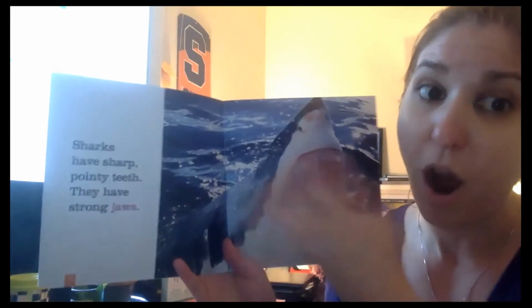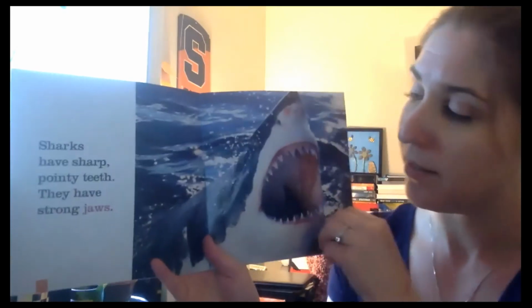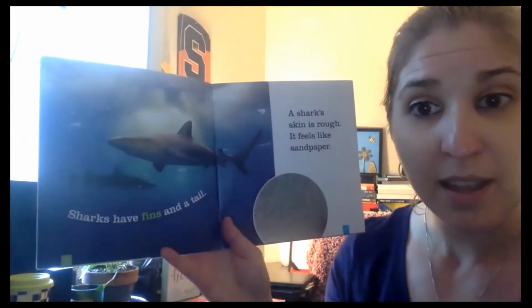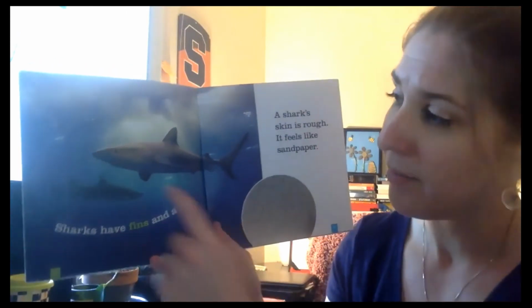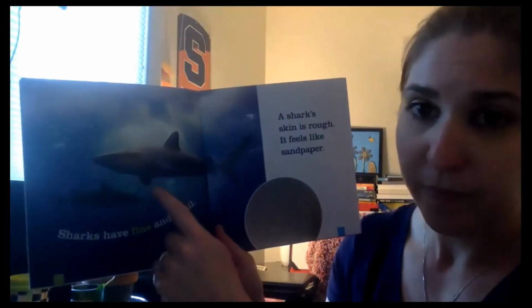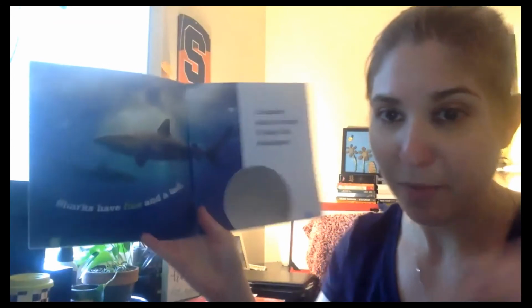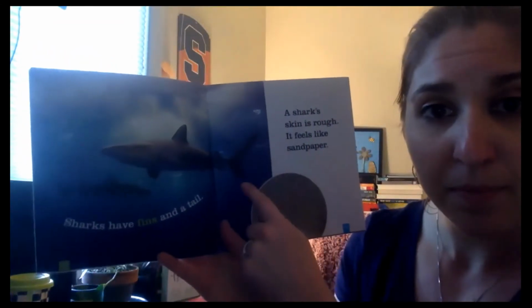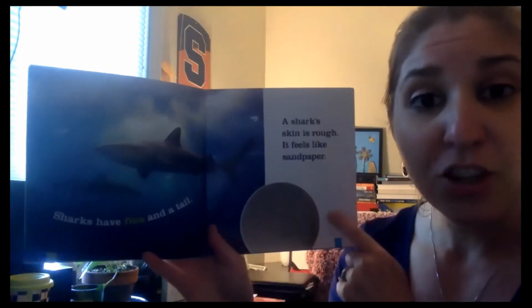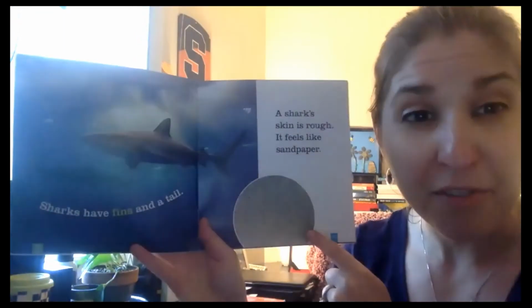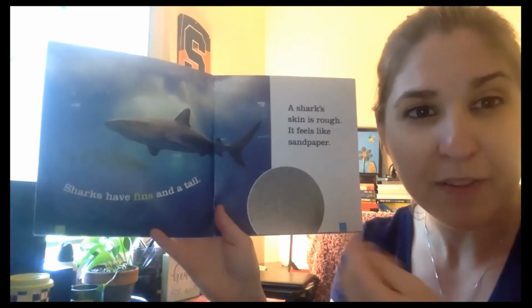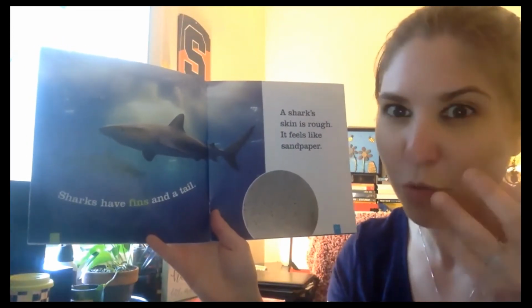They have strong jaws. Sharks have fins that they swim with and a tail. A shark's skin is rough. It feels like sandpaper. If you've ever felt sandpaper, it's very scratchy.